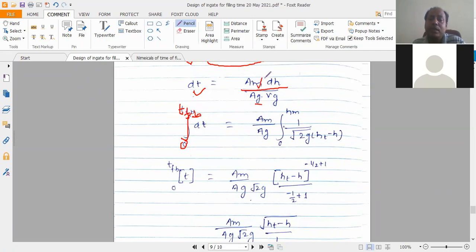Am is the area of the mold, which is constant, and the area of the gate is constant. Here vg is equal to root under 2g (ht minus h), and h is the variable, so we integrate from 0 to hm, the total height of the mold.